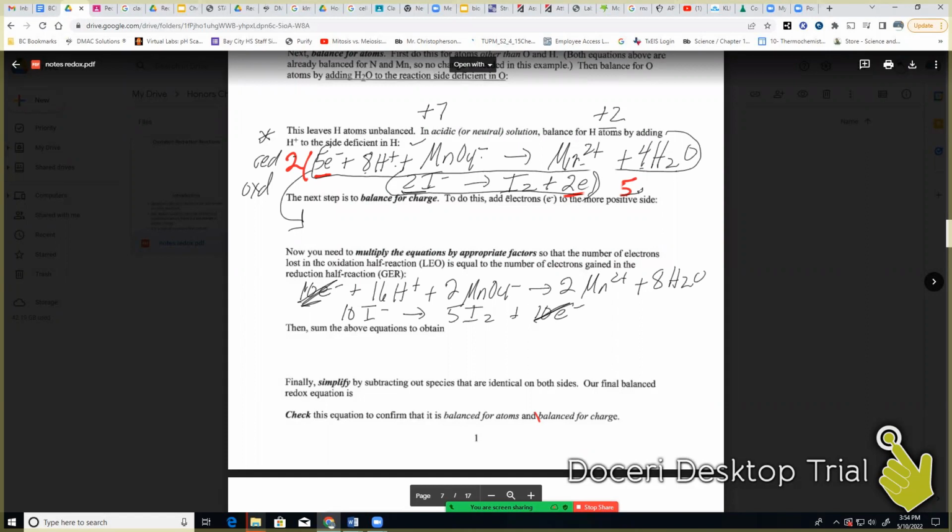And now I put it back together. So 16H plus 2MnO4 minus. And then I come down here plus 10I minus. And that gives me, and now I need to put all of my products. 2Mn2 plus 8H2O plus 5 I2s.